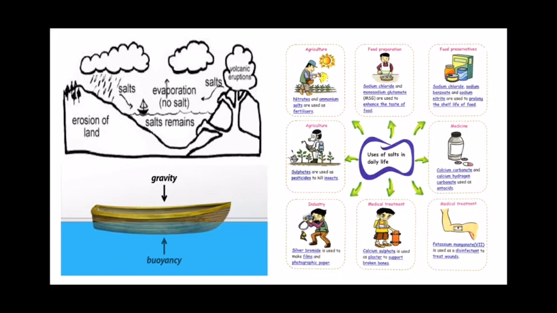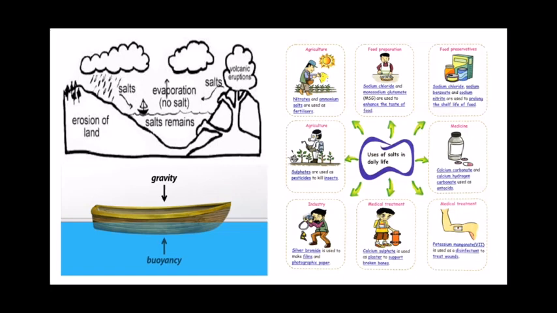Now, buoyancy. What is the meaning of buoyancy? Buoyancy means the ability to float in water. That is how ships and all float on the water, right? The buoyancy of the seawater increases because of salinity.